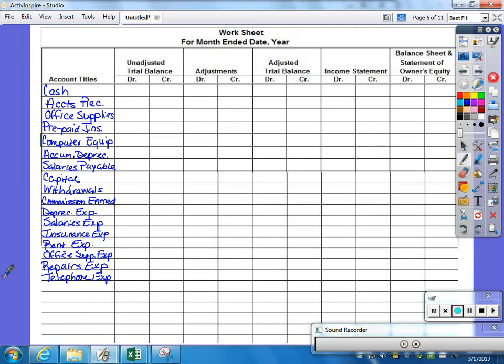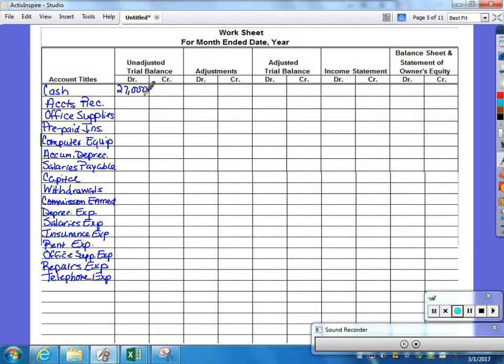So now we're here, and so we have all of our balances. You said cash was 27,000, correct? So that goes on the debit side. Accounts receivable, 0 for now. Office supplies, 1,000 on the debit side. Prepaid insurance, 2,400 on the debit side.